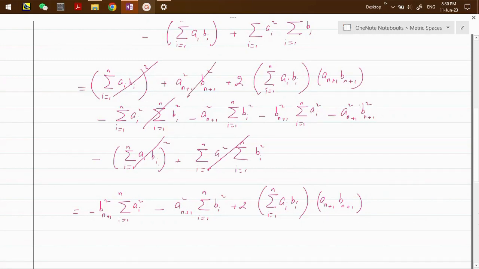Remember that these two are also cancelled, means a(n+1) square into b(n+1) square, this one is cancelled with the negative of a(n+1) square into b(n+1) square.